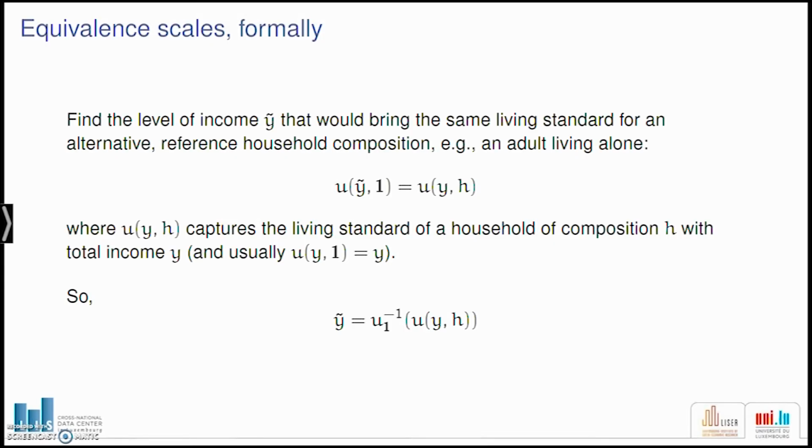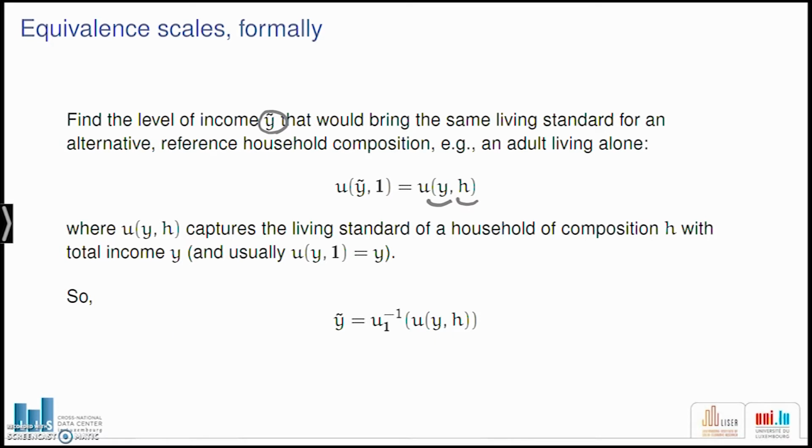Formally, we can represent the equivalence scale as follows. So consider a household of income Y and composition H. That's a particular given household. Total income Y, household composition H. And here we try to find the level of income Y tilde that would bring the same living standard to that household if it had another composition, a reference composition, for example, an adult living alone.